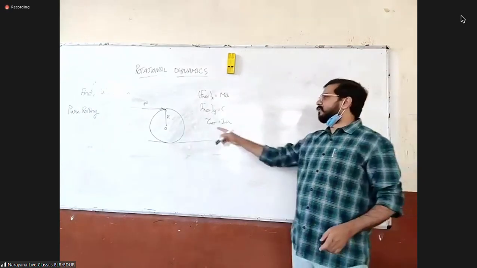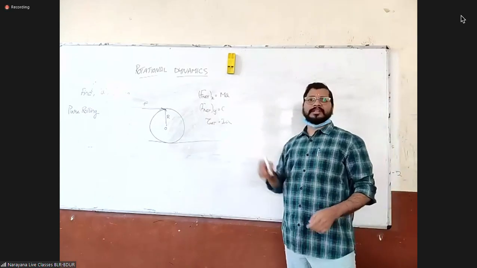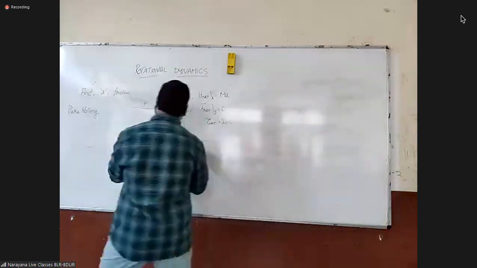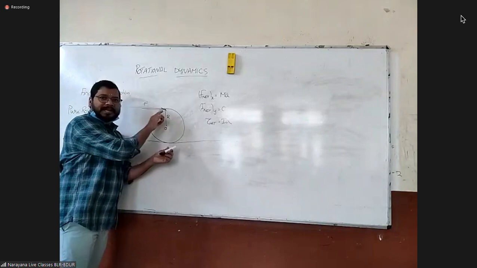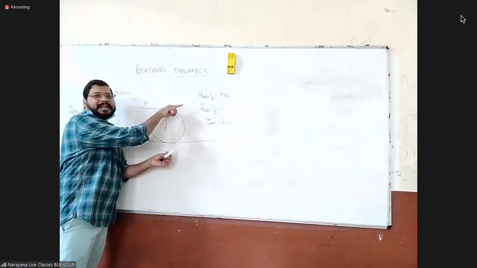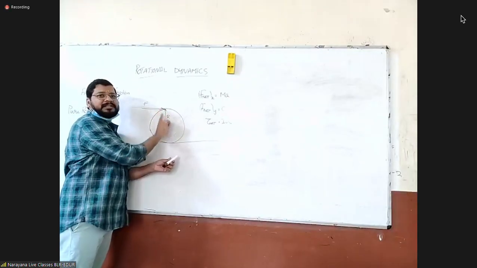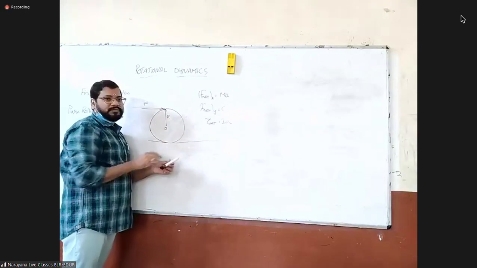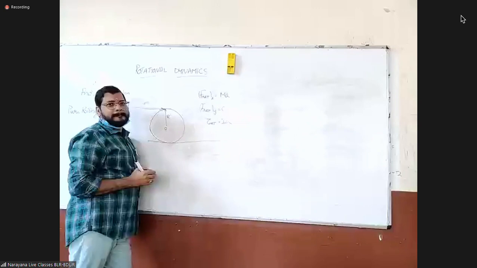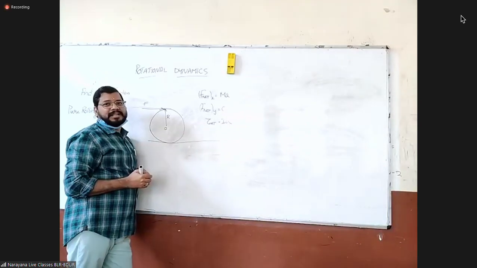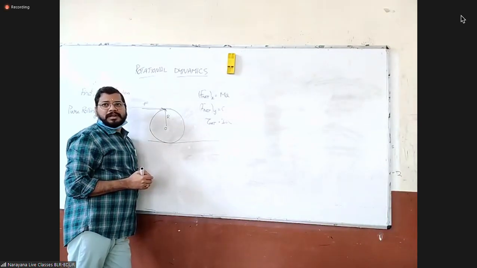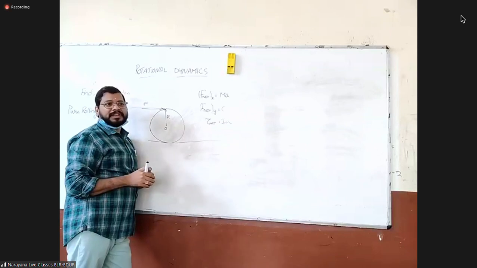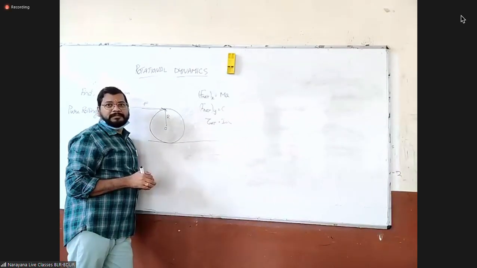He's telling it's a thin ring. If the force is applied like this, F is in the i direction, your R is in the j direction. So your torque will be in what direction? Minus k direction. R bar cross F bar, not F bar cross R bar.